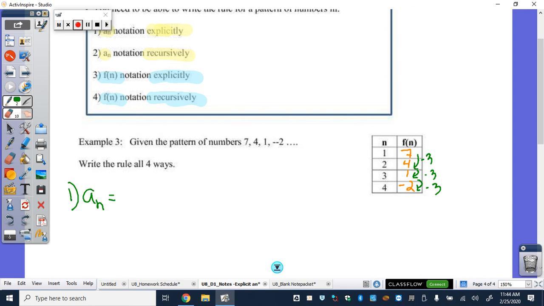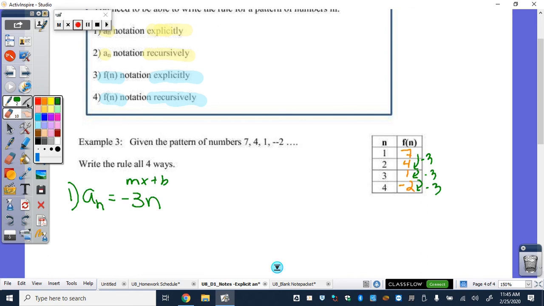What kind of function is constantly increasing or decreasing by the same amount? Linear. So this is going to kind of follow mx plus b. -3 is our what? Our slope. So that would be a -3n.